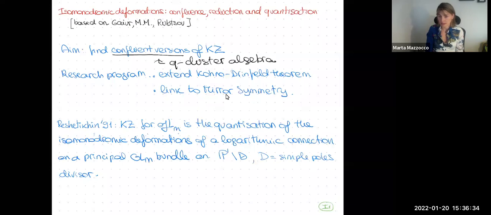So in this sense, I speak about confluence. What I'm thinking about is that we go from a divisor of simple poles, we merge poles to create higher order singularities for our connection, and then reverse Reshetikhin's procedure and quantize to obtain a confluent version of KZ.